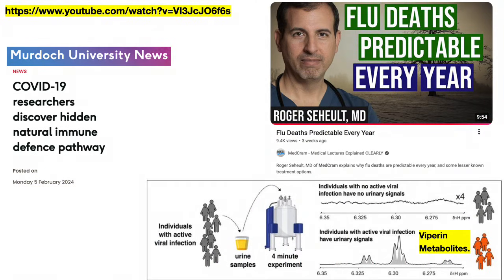I would like to connect this paper with a YouTube video by Roger Seheult on the MedCram channel, Flu Deaths Predictable Every Year, and a URL to link to that YouTube is in the upper left.